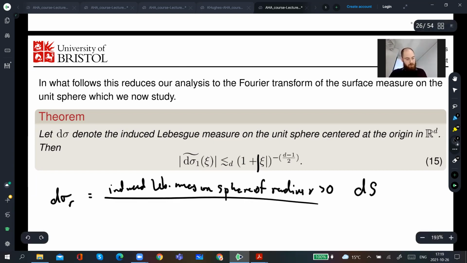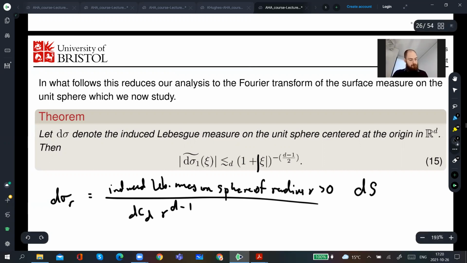This is actually normalized by the volume of the unit sphere, which is some dimensional constant I was calling C_d, times r to the d minus 1, because it grows like r to the d minus 1 as your sphere expands. This is different from the Dirac measure, which actually grows like r to the d minus 2.